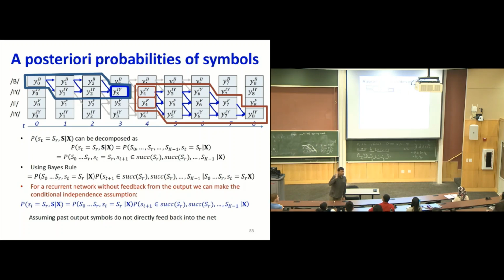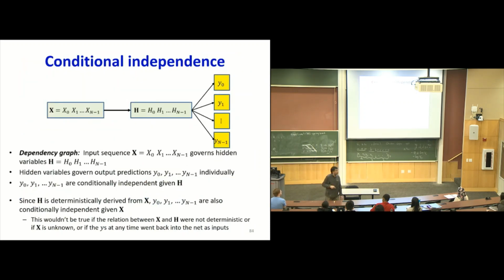Okay. So how can I make this assumption that the probabilities the network computes at time 3 do not affect the probabilities it computes at time 4? I can make this assumption because of the way we compute things. Look at the dependency graph of how probabilities are computed.